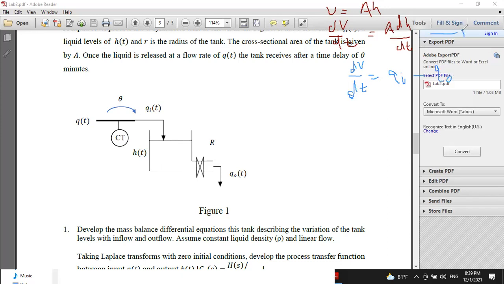This is 1, this is 2, 3. The output is Q naught. The height is h(t), and the resistance is R, so h(t) equals resistance times Q naught.